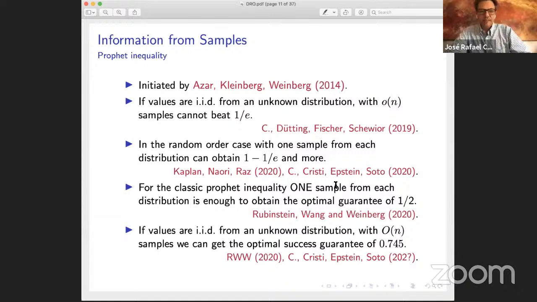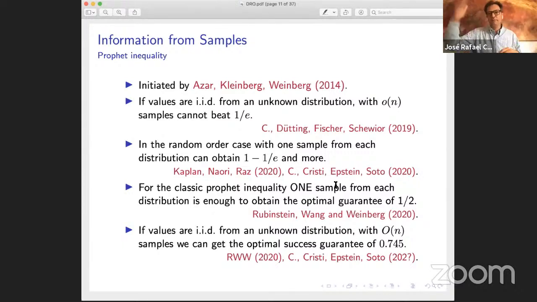And there are similar models and several results. One interesting model, I think, is by Kaplan, Naori, and Russ in SODA last year, in which they say, suppose we have arbitrary values, and the values come in random order, randomly sorted, and now you get to see half of them, or a fraction alpha of them.